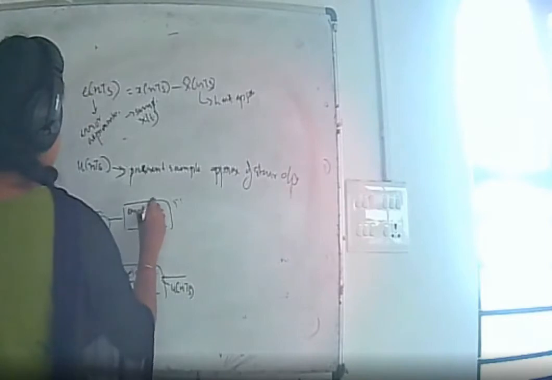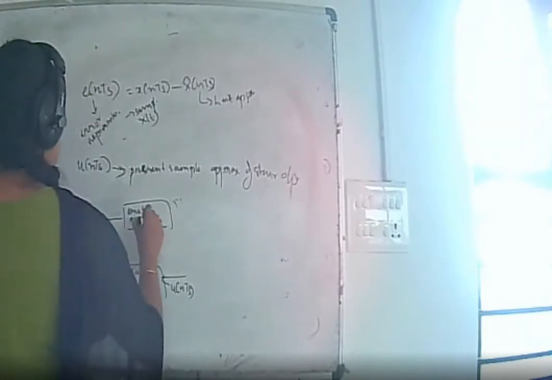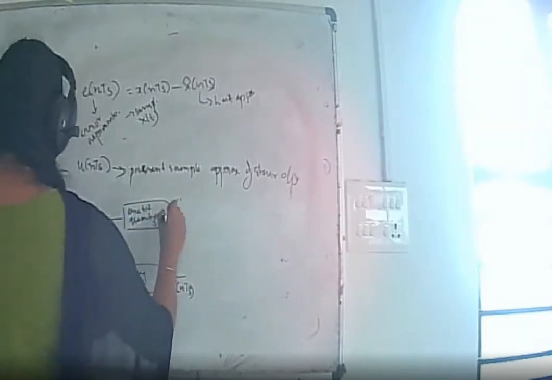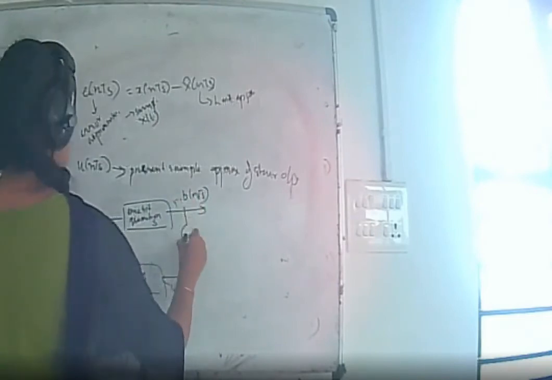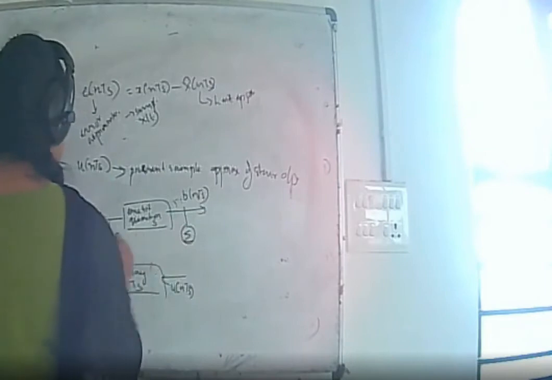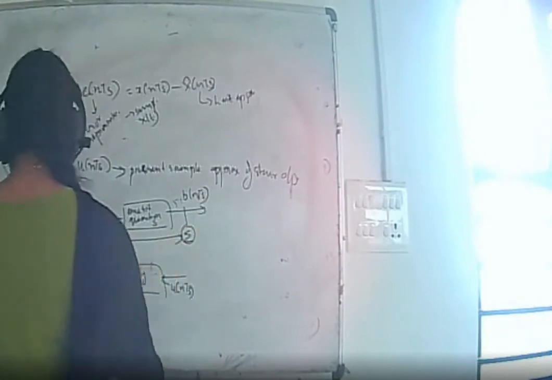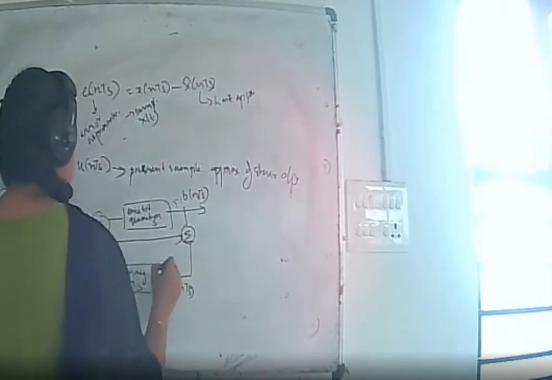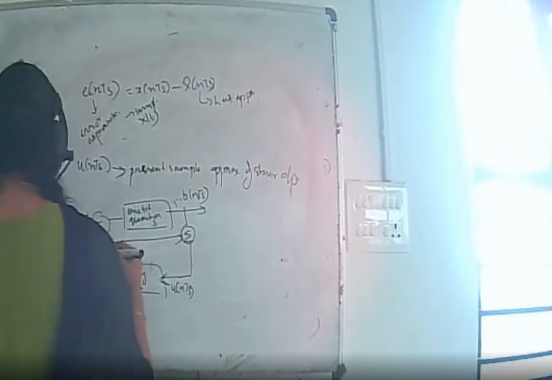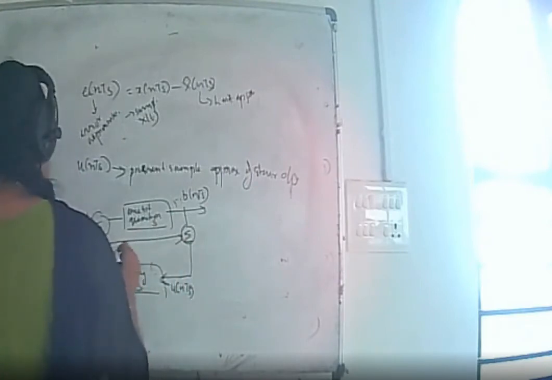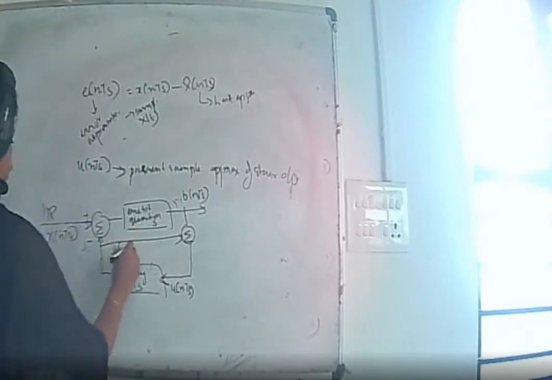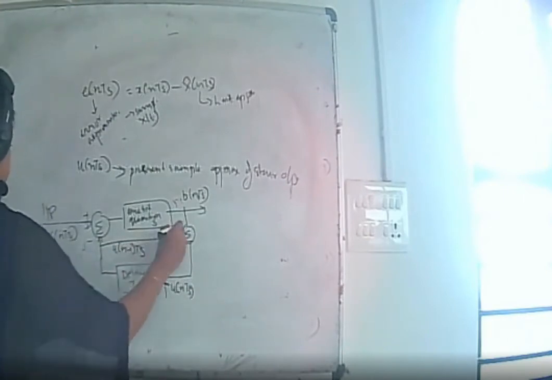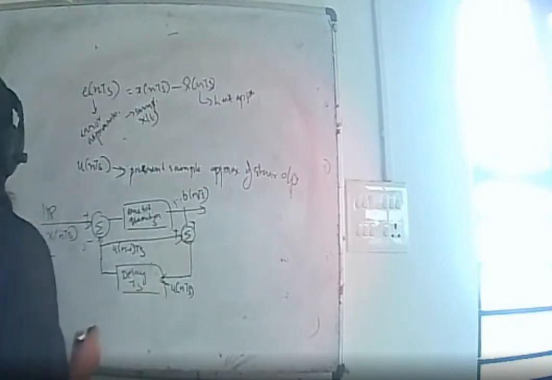In delta modulation we use a 1-bit quantizer, and the output is b of nTs, which is given to a summer, and the output of the summer is given to a delay circuit. So the delay circuit gives u of (n minus 1) Ts.